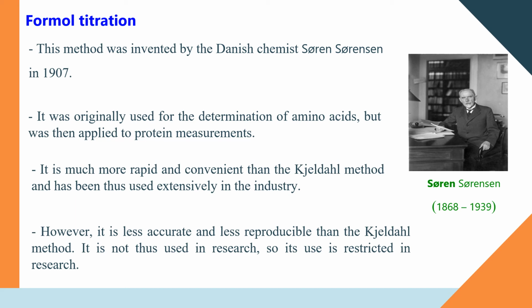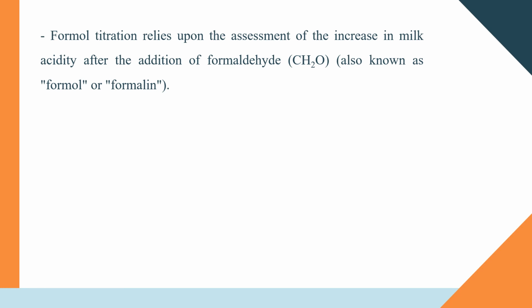But what is the technical principle of the formol titration? It is based on what we have just mentioned about the amphoteric property of proteins. What is the amphoteric property of proteins? It is the property that allows milk proteins to react with acids as bases and with bases as acids.